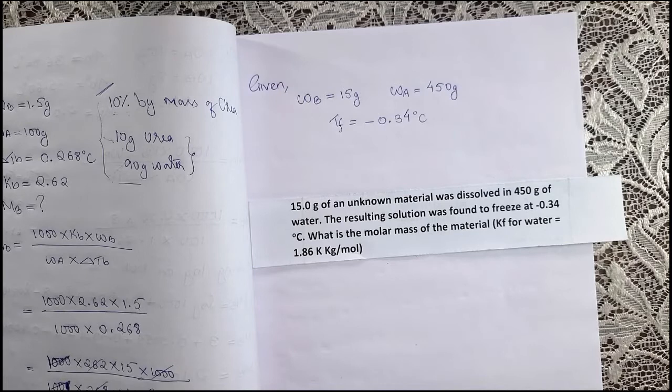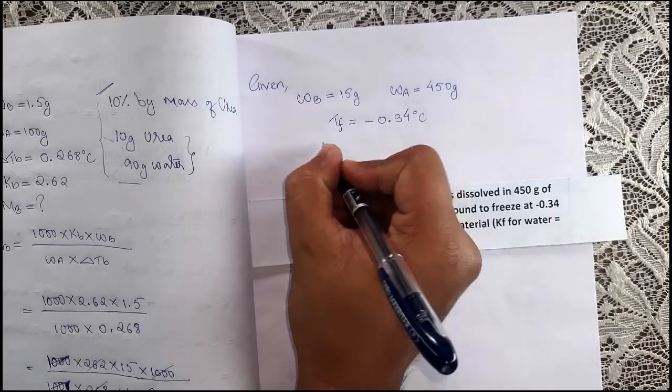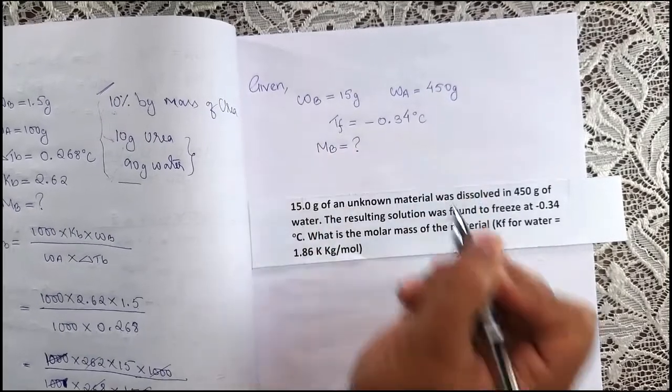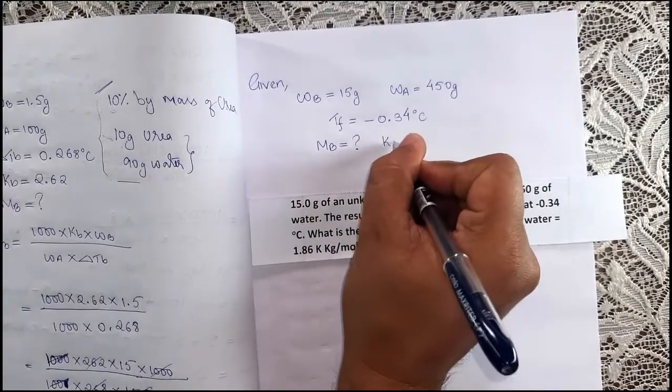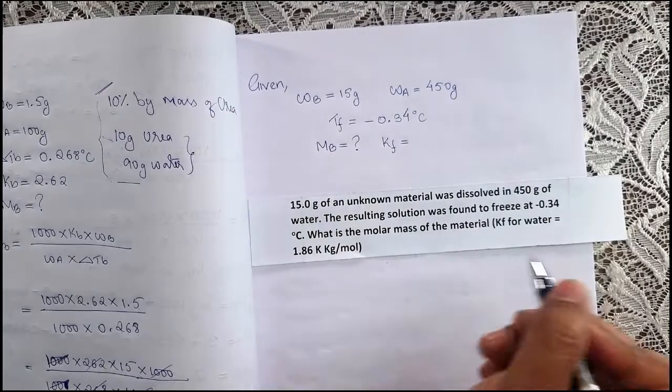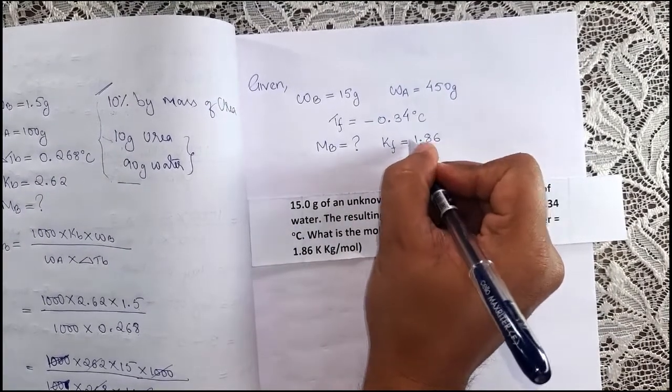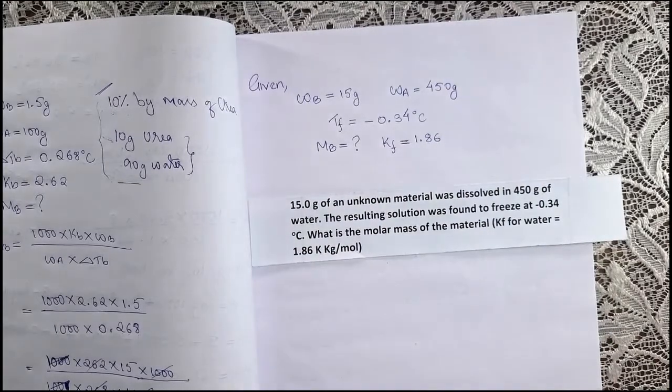What is the molar mass of the material? So we are supposed to calculate Mb. So here is the question mark. We have Kf is equal to 1.86. So these are basically the given from the question.